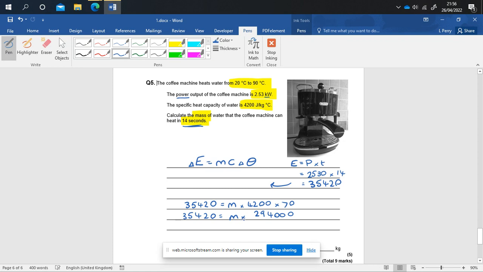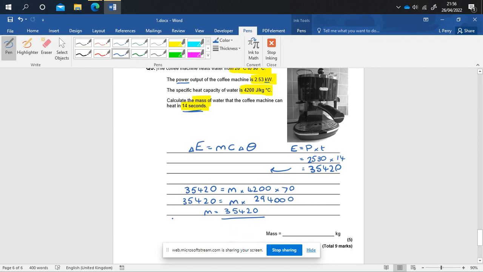So M is currently timesed by that number. So I'm going to divide by that to get M on its own. So M is going to become 35420 divided by 294,000. That's going to get me mass.